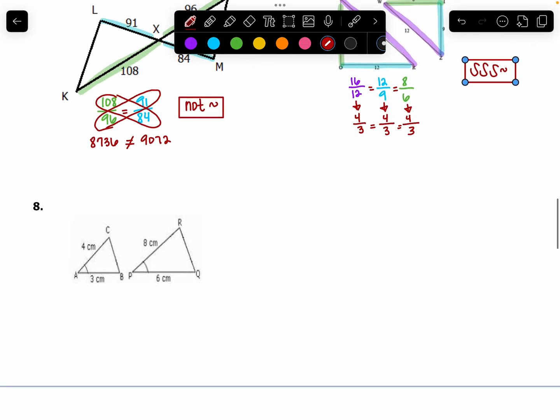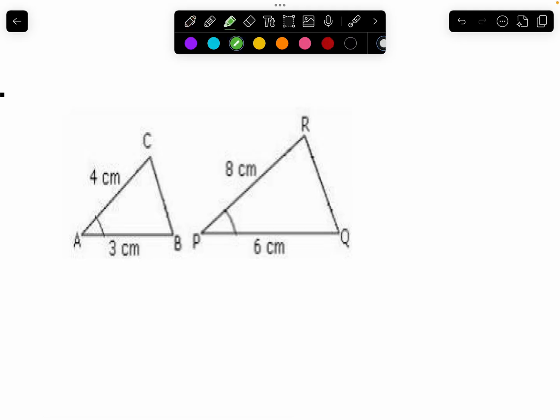Number 8. So here we have both sides and angles. We have the angle here and here. So it's going to be angle. And then we have a side here, which is going to correspond with this side, because they're both the longer sides in both triangles. And then, of course, that means 3 and 6 will correspond.